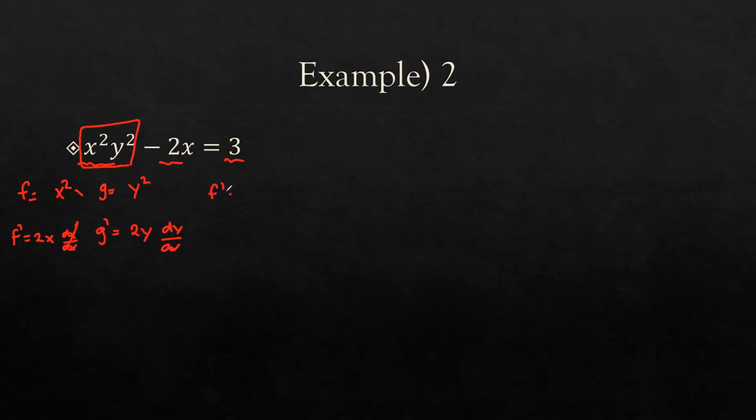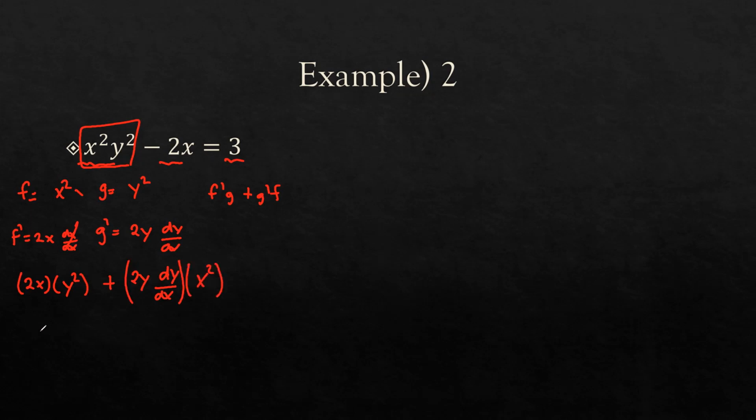Okay, so let's apply the product rule. It's f prime of g plus g prime of f. So f prime is 2x times g, which is y squared, plus g prime, which is 2y dy/dx, times f, which is x squared.